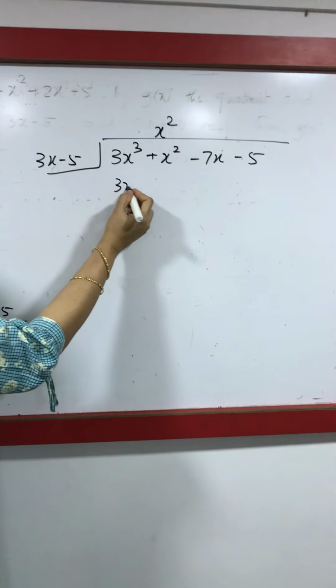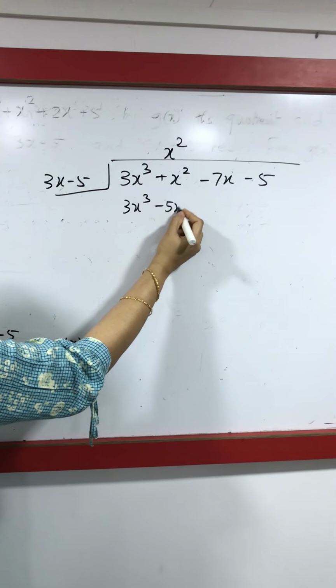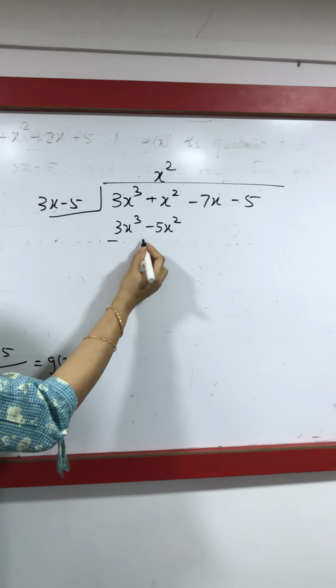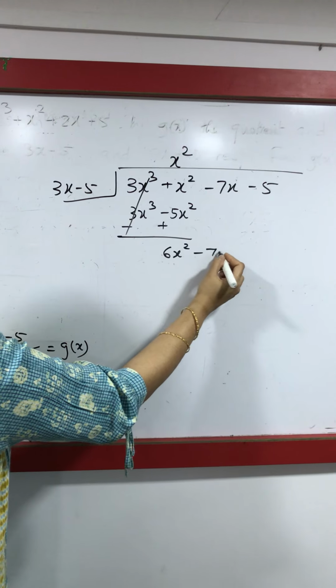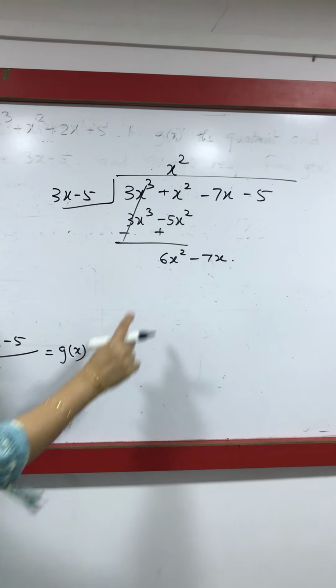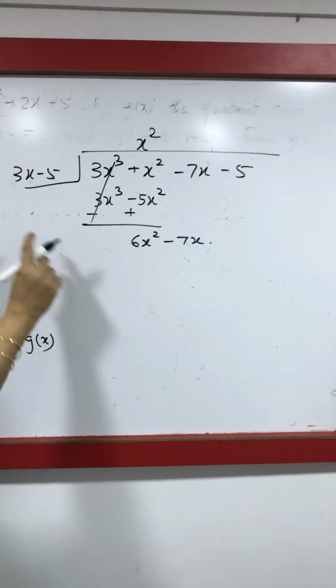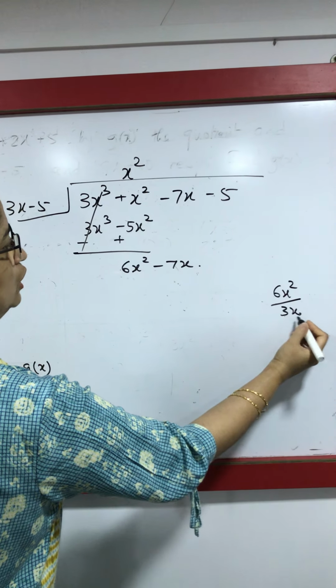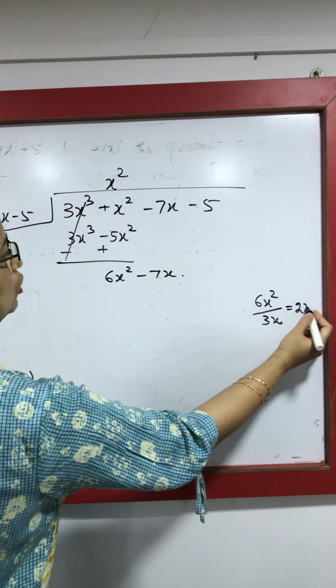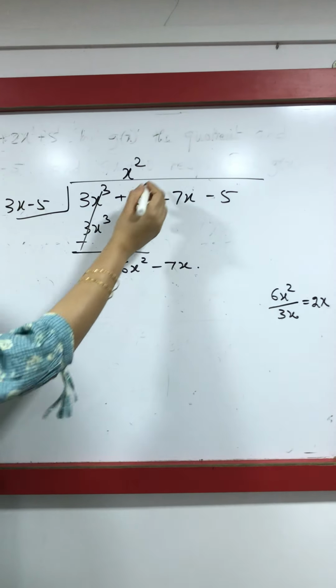So this becomes 3x cube minus 5x square. We change sign to cancel the first term, so this becomes 6x square minus 7x. To find the next term of the quotient, we will divide 6x square with 3x. So this will work out to 2x, which is the next term of the quotient.